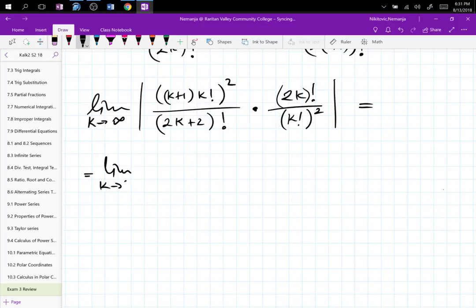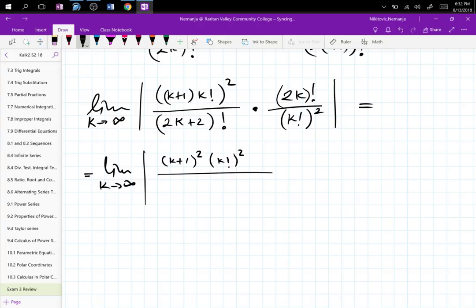Limit as k goes to infinity. Now the square will distribute over each factor. So we have (k+1) squared, and then I have (k factorial) squared, divided by, and now I have to peel two terms.